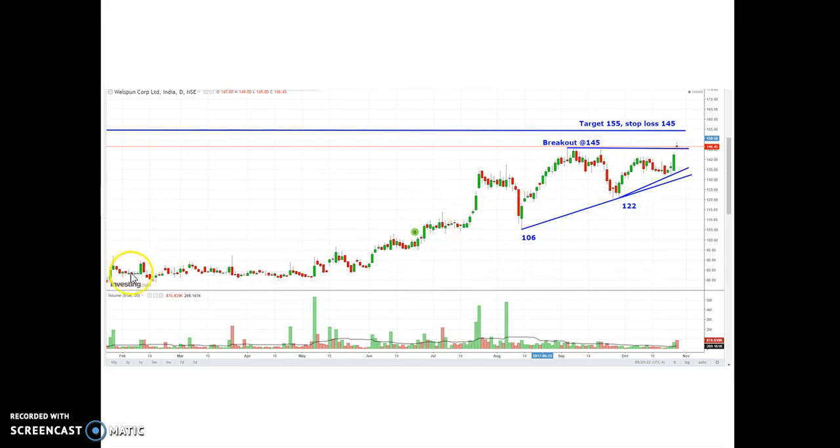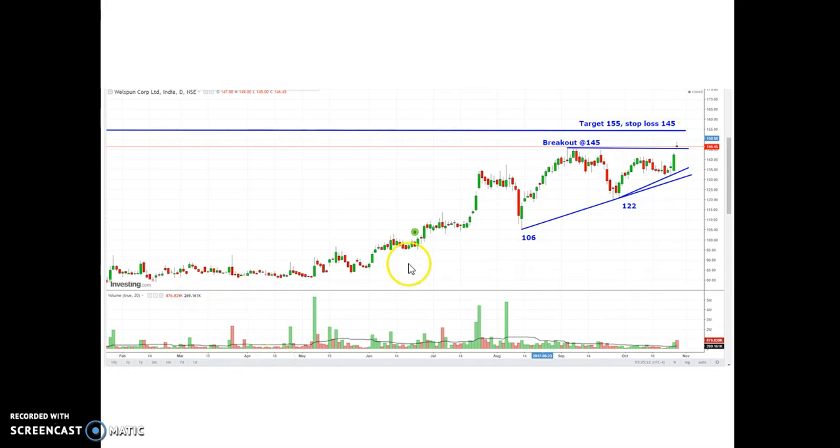If you observe over here, from February 2017 to June 2017, the price moved between the 80 to 90 range, for almost 5 months.